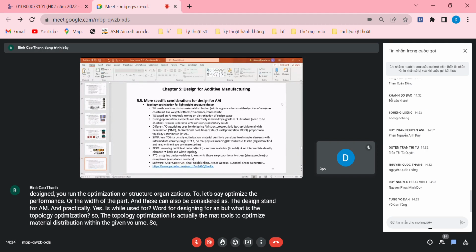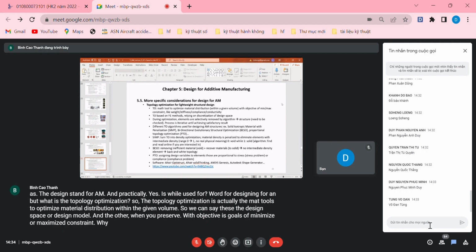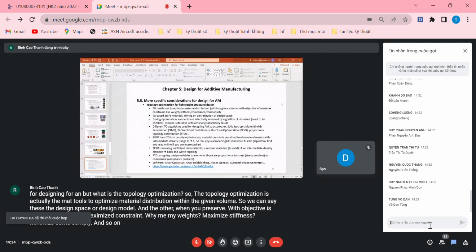So we can say this is the design space or design volume, and the other will be preserved, with objective goals to minimize or maximize constraints like minimize weight, maximize stiffness, minimize compliance, and so on. Minimize compliance means maximize stiffness actually.